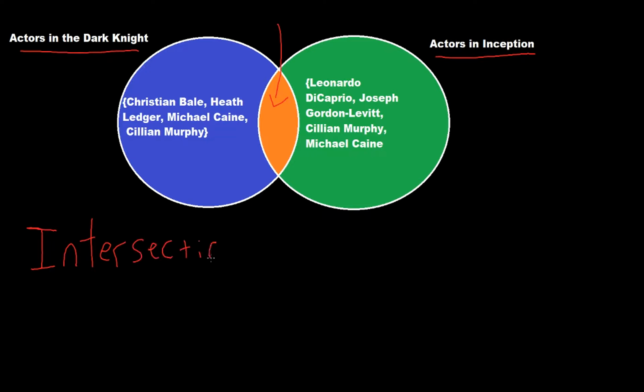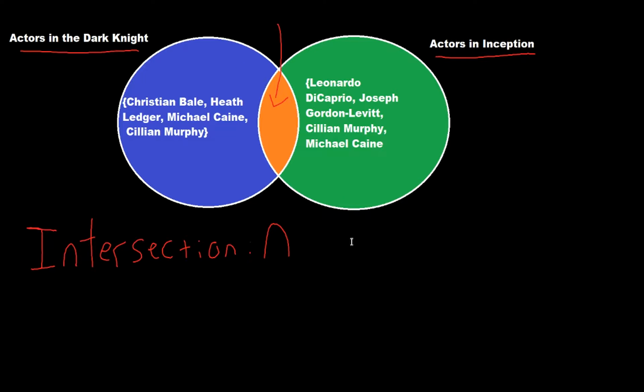An intersection operation is represented by this symbol, which looks kind of like a little upside down U. The intersection, therefore, of two sets A and B is the set that contains all elements of A that also belong to B, or equivalently, all elements of B that also belong to A, but no other elements.